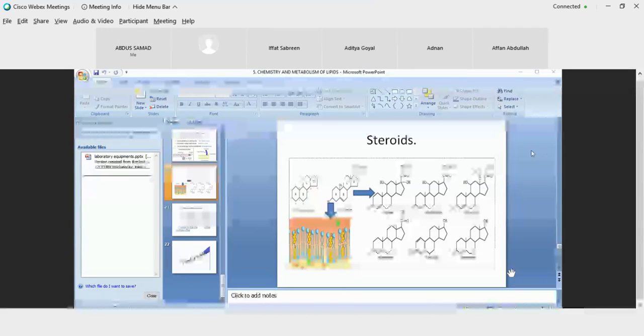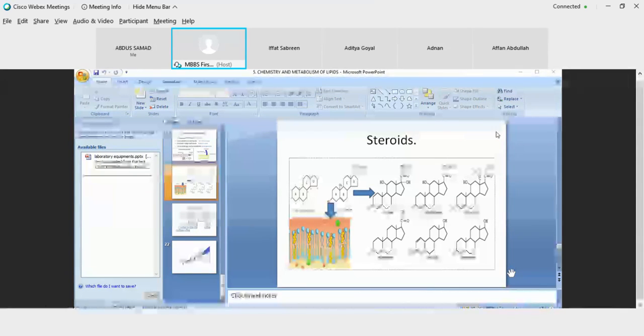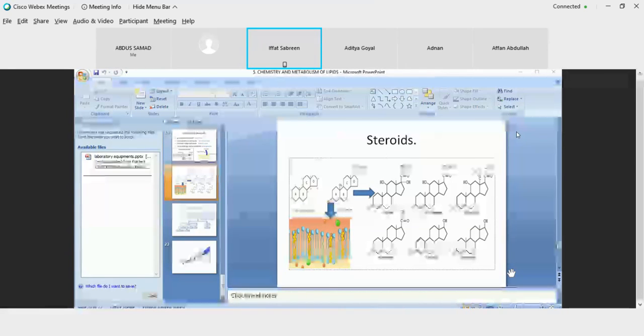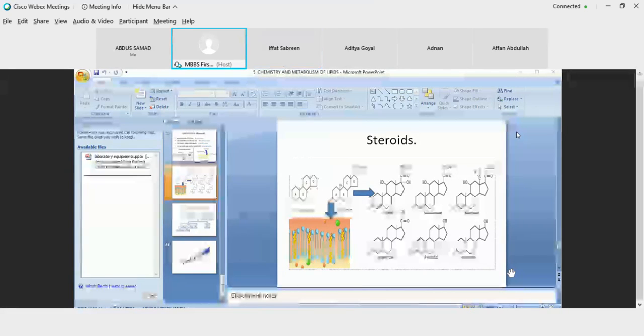Ifat, do you agree that we have cholesterol as a component of our membrane? Why is it possible for cholesterol to get into the membrane?